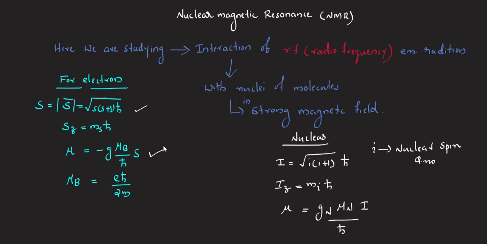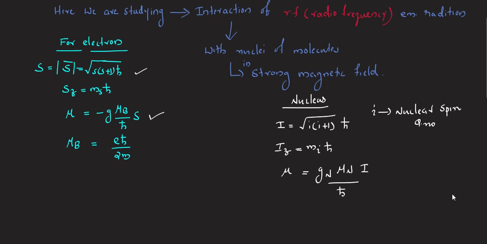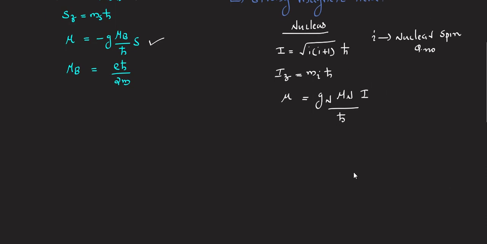Here the sign is positive because the nucleus has a positive charge, whereas the electron has a negative charge, so there is a negative sign. But here it is positive. The expression is the same, but the parameters are different.